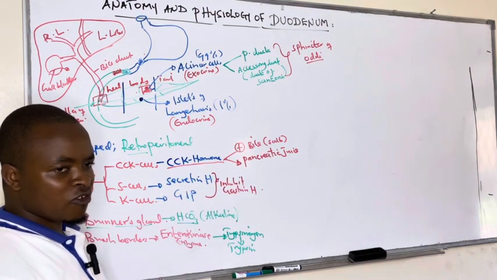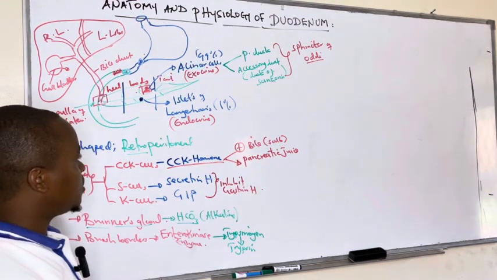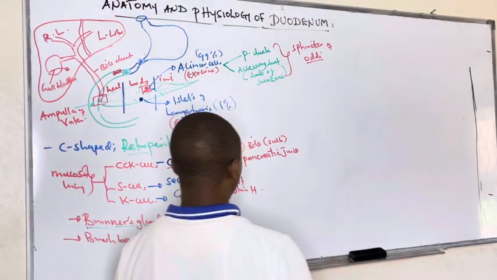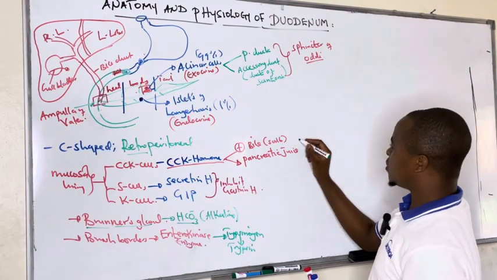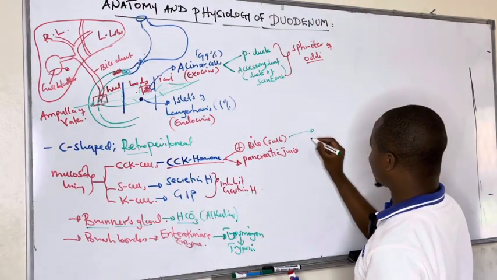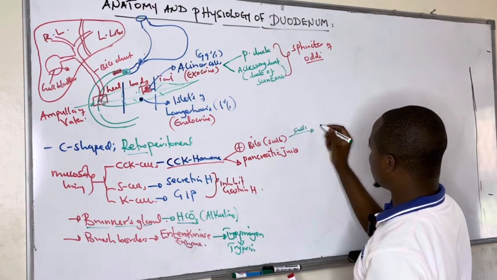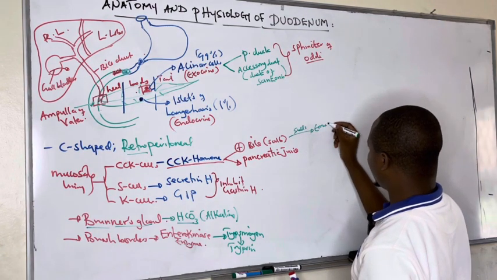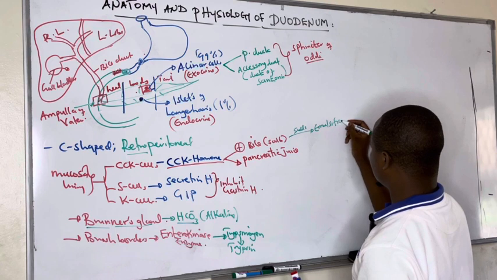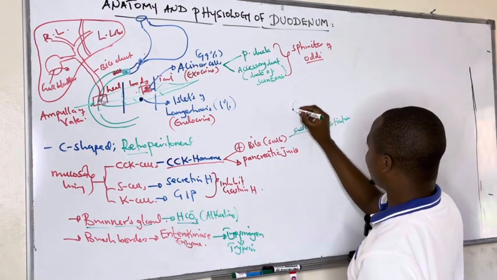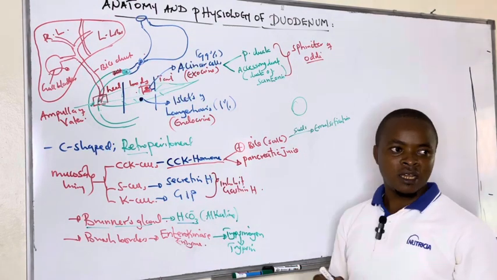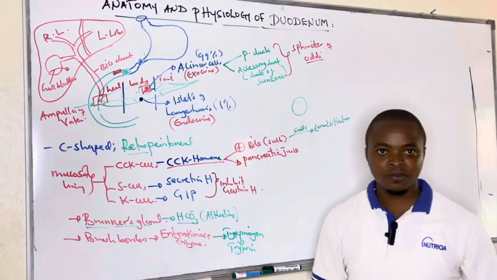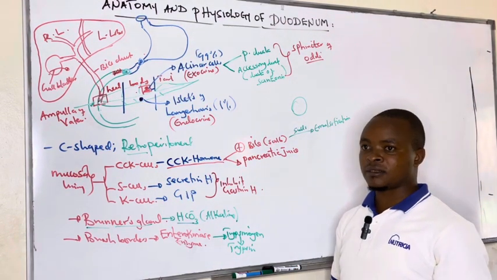And what is the function of bile? This bile is produced because it contains bile salts, and these salts cause emulsification of fats. Whenever the food contains fats, these fats are very big and cannot be digested by the pancreatic enzyme, that is pancreatic lipase.